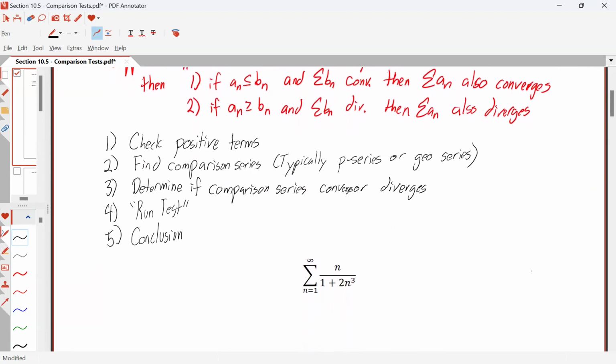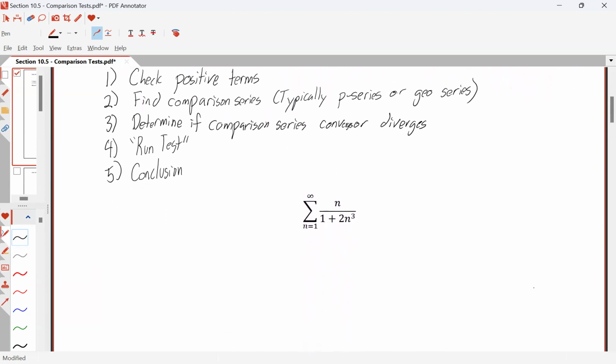So let's run through these steps with the series n over 1 plus 2n cubed. First, check that this is positive. For n bigger than or equal to 1, is n over 1 plus 2n cubed positive? Yes, it is, because the numerator will always be bigger than 1, and the denominator will always be bigger than 3.